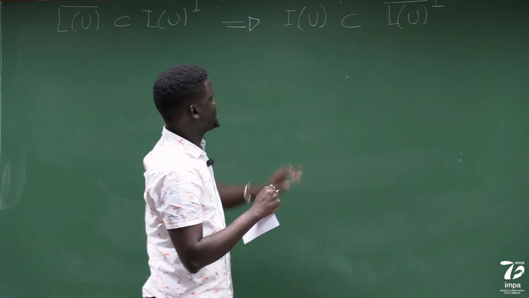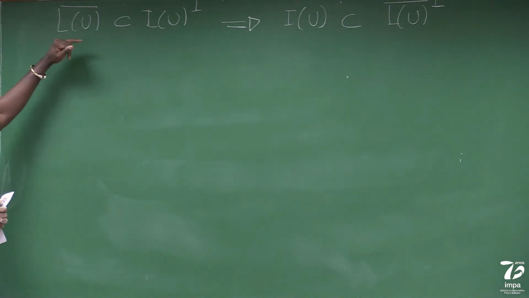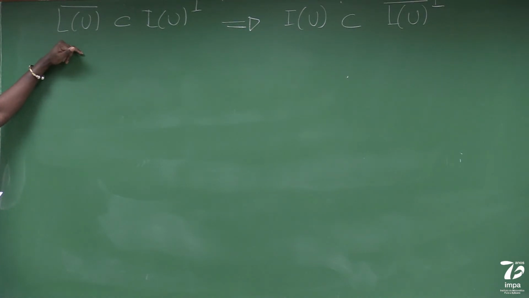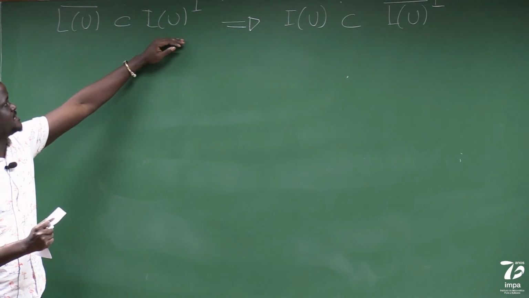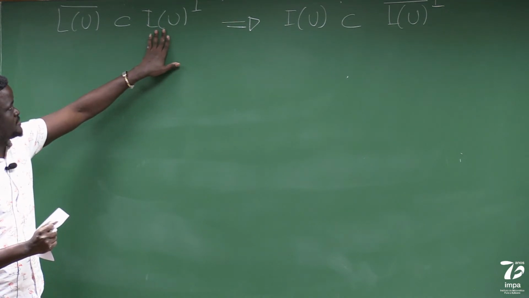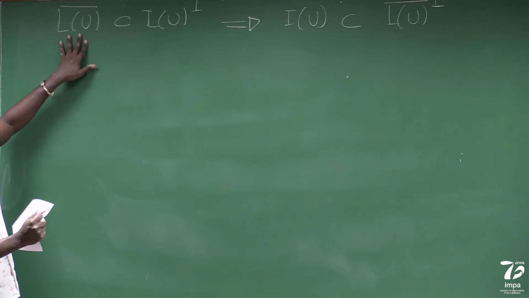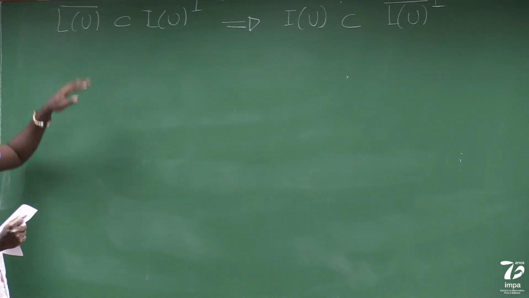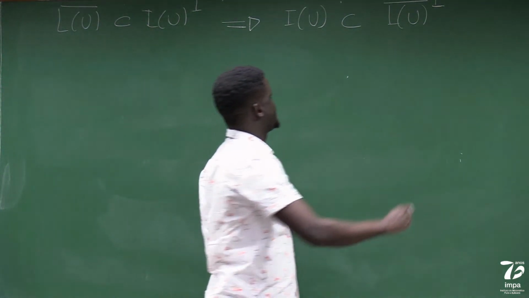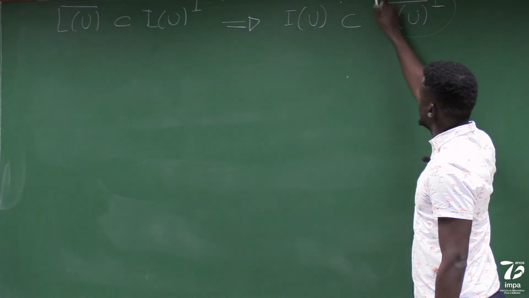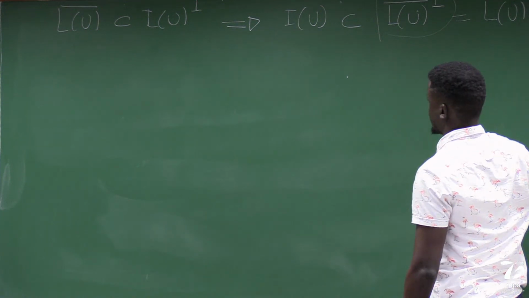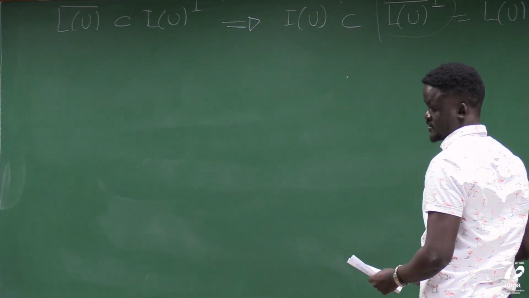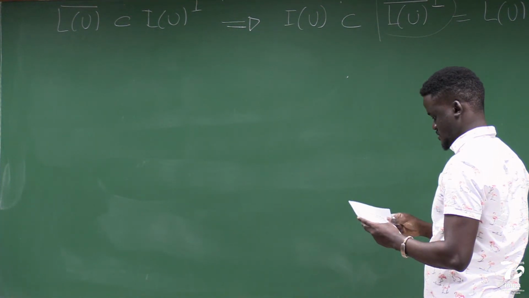So if a subspace is inside the orthogonal of a subspace, that means that this space is inside the orthogonal of this one. And the orthogonal by its definition is a closed set. Here, you can write this as L_U orthogonal. This itself is a closed set, so you don't need to take closure.